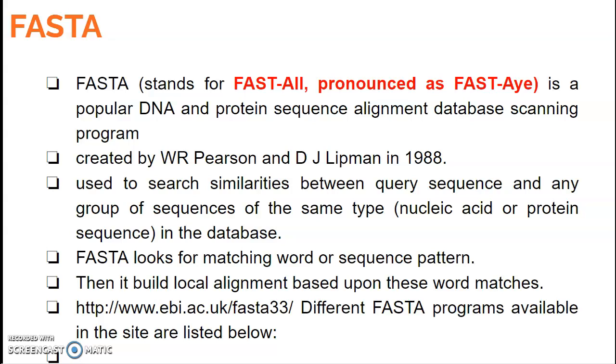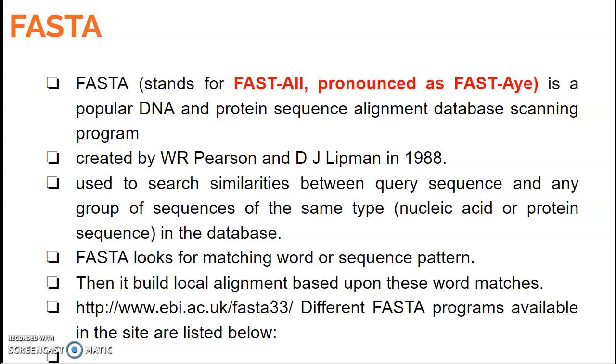FASTA looks for the best word matching or sequence pattern. It will not simply go for a single nucleotide; it goes for matching words of, say, a length of 15 base pairs or 15 amino acids. It compares that much of the sequence in the database, and then builds a local alignment.